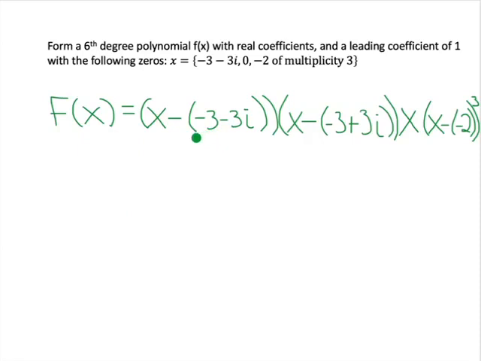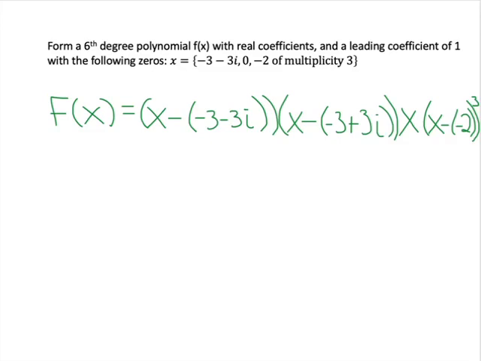So here we have our 0, -3 minus 3i. Its conjugate, -3 plus 3i. The 0, right, x equals 0. We have the 0, -2 with a multiplicity of 3. So now let's go ahead and simplify this.